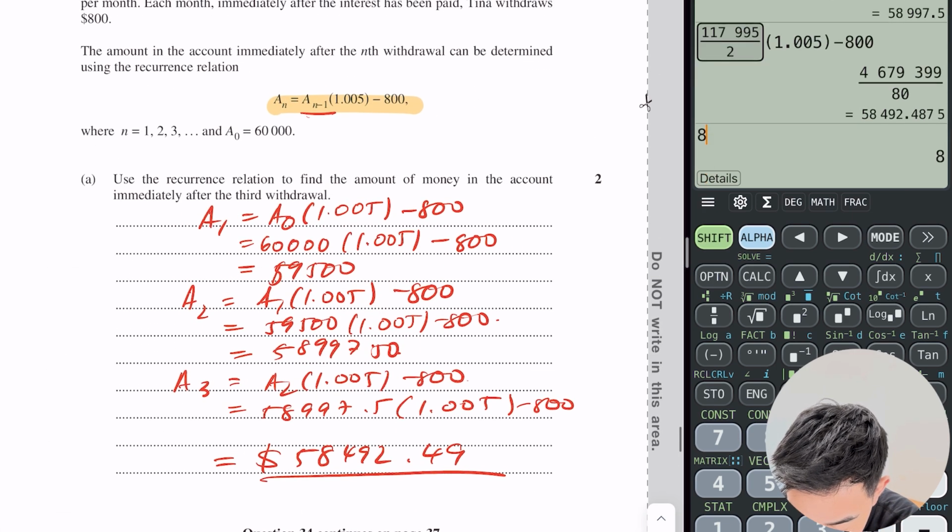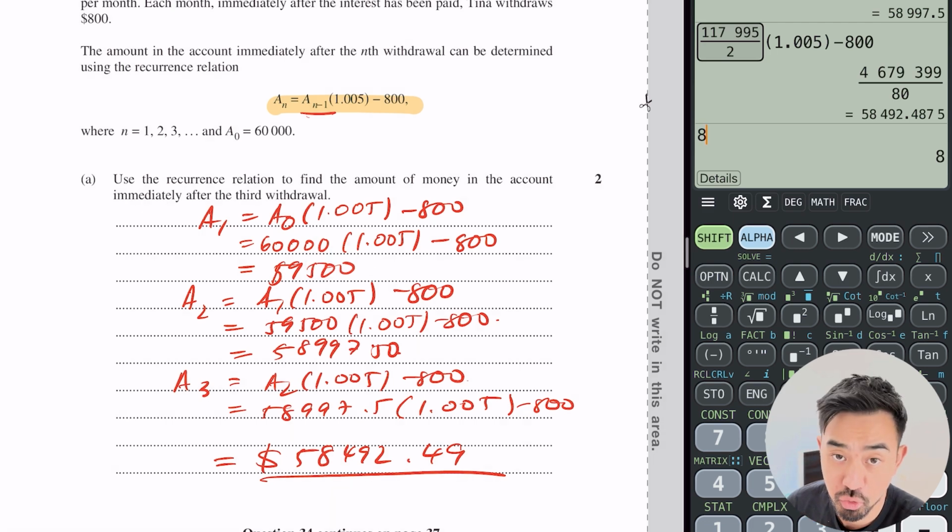Now, she started with $60,000 and now she's left with $58,492. So how much has the annuity gone down?